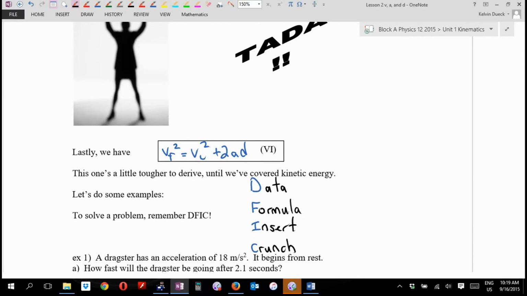And then the other thing that I use is DULP. Kids that had me last year, what does DULP stand for? Draw a little picture. When in doubt, DULP and DFIC. Draw a little picture, list your data, find a formula, insert, crunch. That'll bail you out of about 90% of what we're doing this year. That'll get you started.